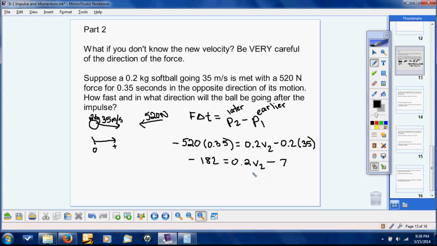Then we add the 7 to both sides, and we get 0.2v equals negative 175.